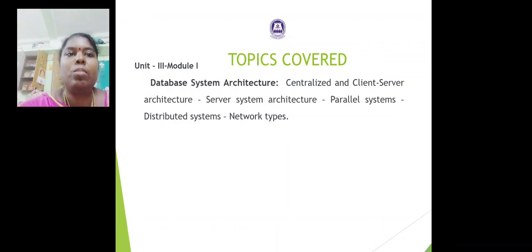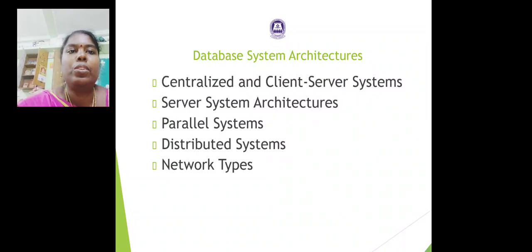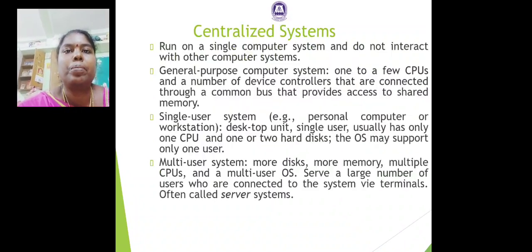In this topic, we have to cover centralized and client server architecture, server system architecture, parallel systems, distributed systems, and at the last network types. So these topics are covered in unit 3.